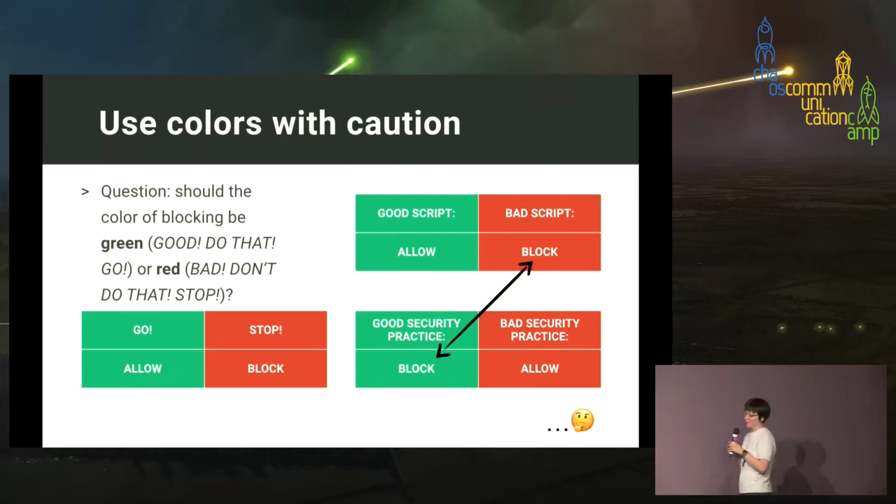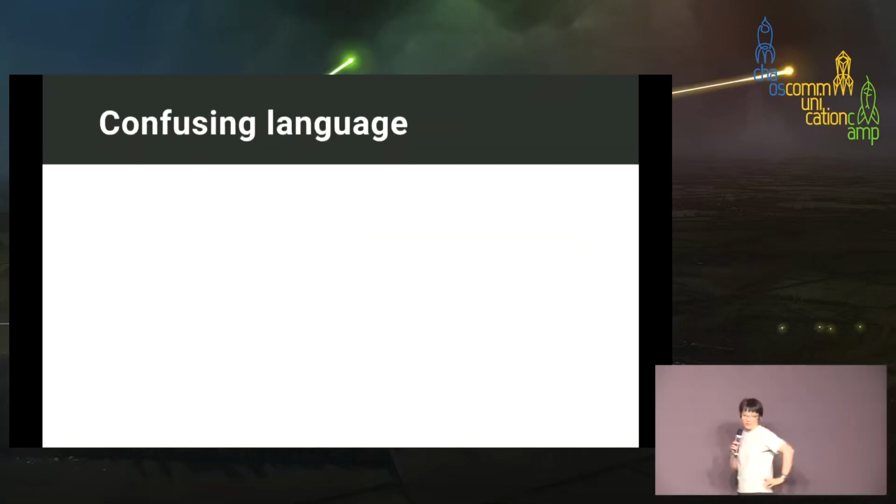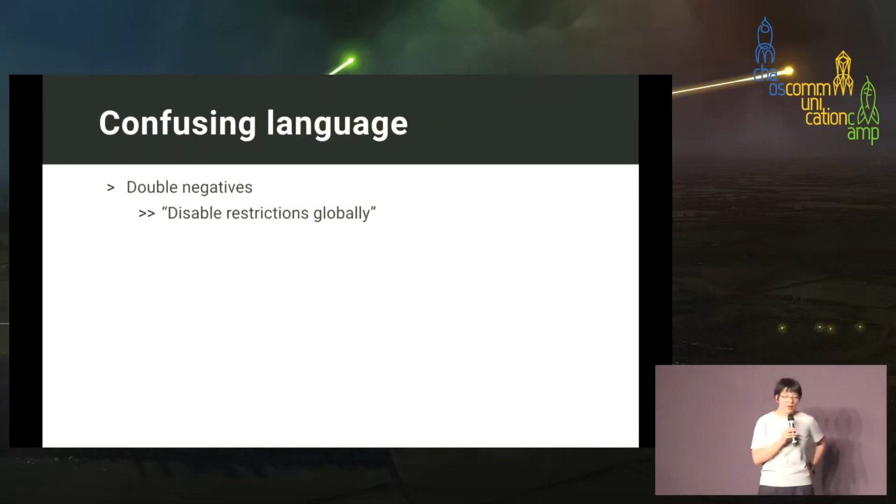I should also say, of course, color shouldn't be the only indicator when you're designing things, right? We want to make things accessible, so color is always going to be used with caution when you're designing things. Okay. The other thing that we found with the language is also really interesting. So a lot of interface language had double negatives in it.